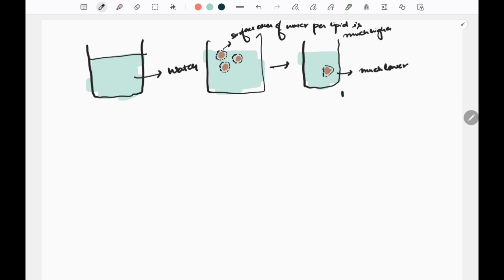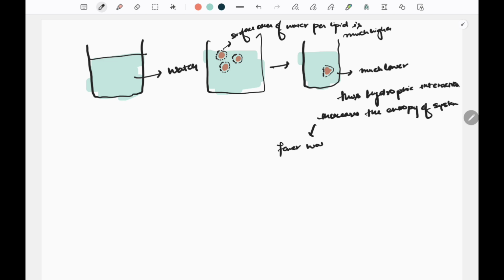Okay, so thus hydrophobic interaction increases the entropy of the system. And why is it happening? Because fewer water molecules are needed to surround the aggregate than to hydrate each lipid separately.